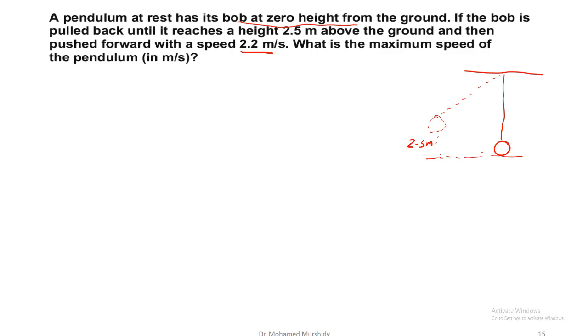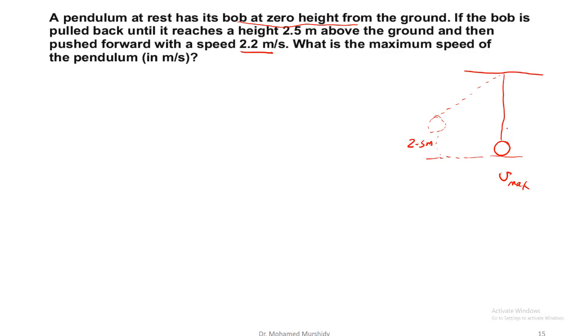When this ball moves to that position, it will have the maximum speed. That's V maximum. And then as it goes in that direction, the speed is decreasing and the height is increasing until it again has a speed equal 0 and the maximum height. All of that we have no relation to. He is asking about the maximum speed, meaning the speed at that position.